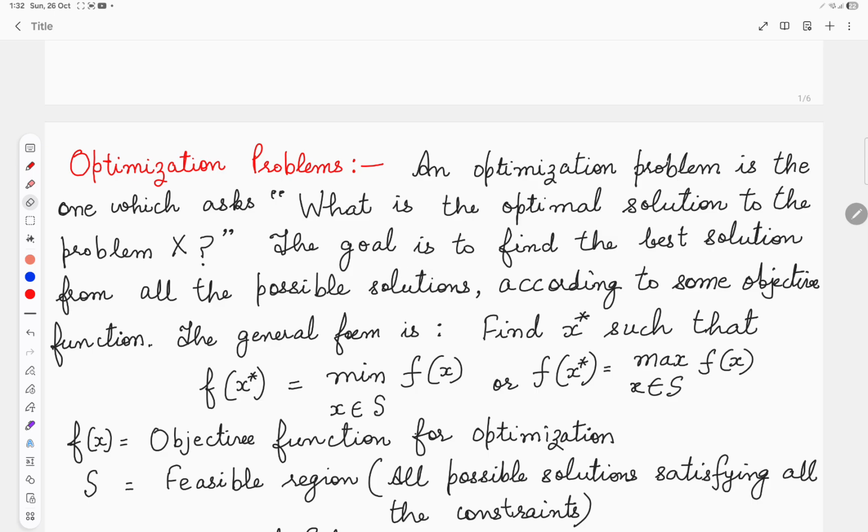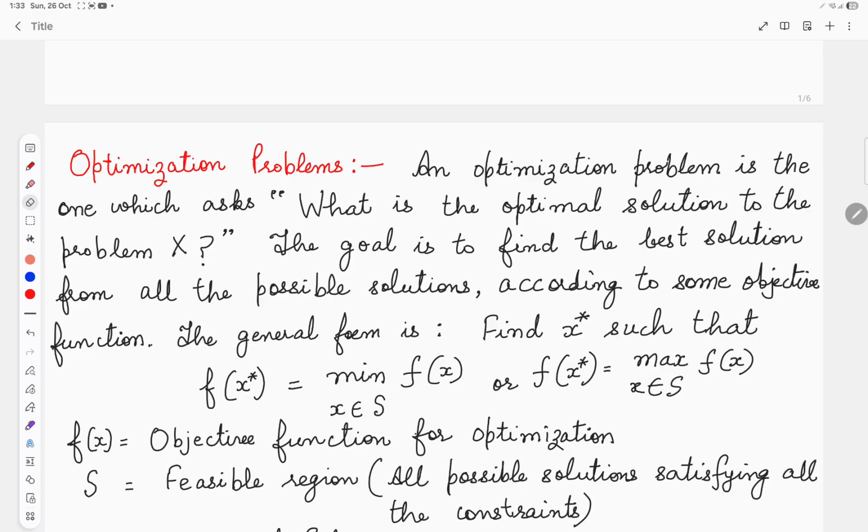The goal of this task is to find the best solution from all the possible solutions that exist. We have to find that best solution.